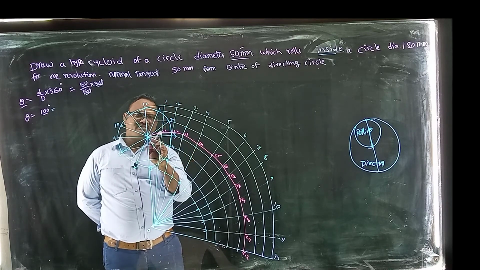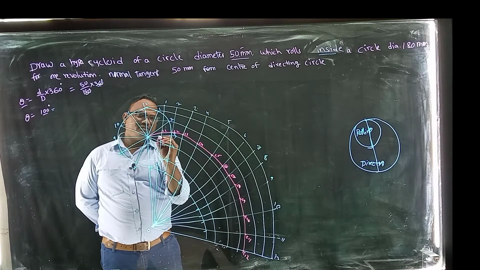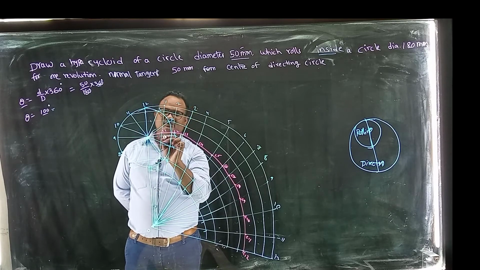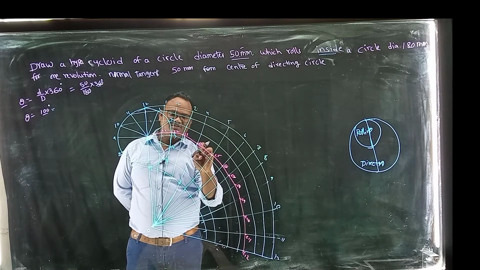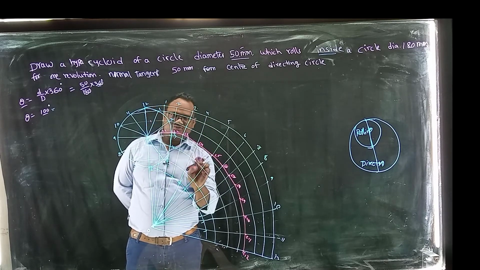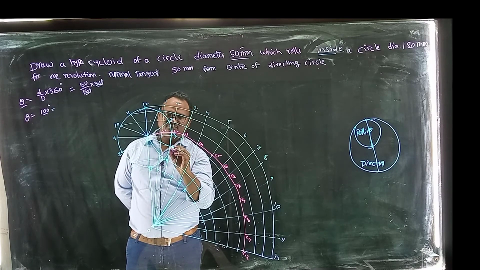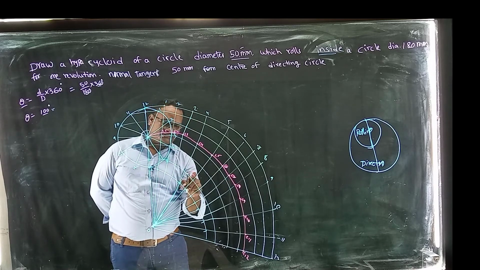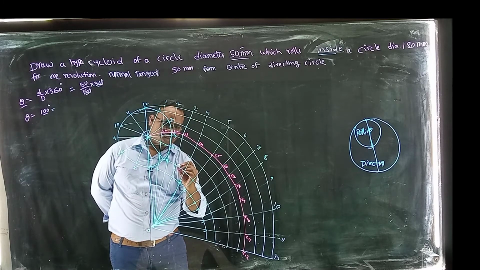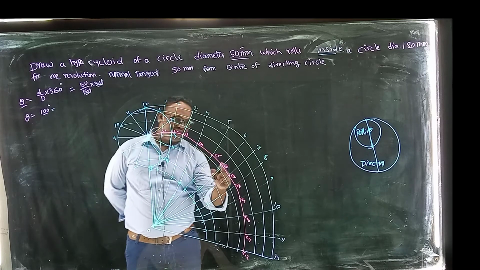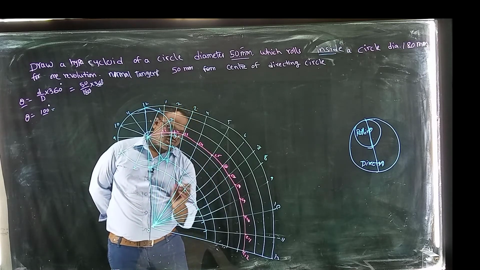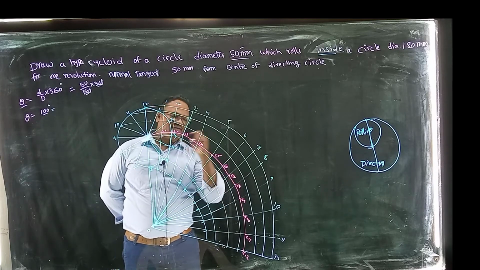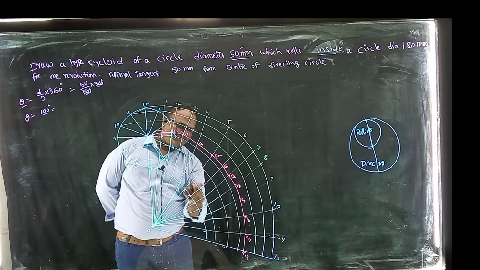Next C4 center, so 8 and 4, somewhere you will get like this. C5, so 7 and 5, this line. C6, somewhere you will get here.